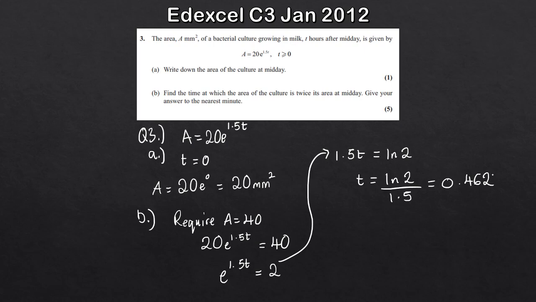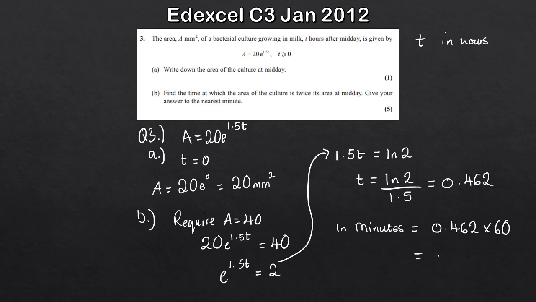Now remember, t is in hours, but the question asks us for the answer to the nearest minute. So what we know is that this time is 0.462 hours. So what I'm going to do to put that in minutes is multiply that value by 60. So in minutes, that's going to be 0.462 times 60.